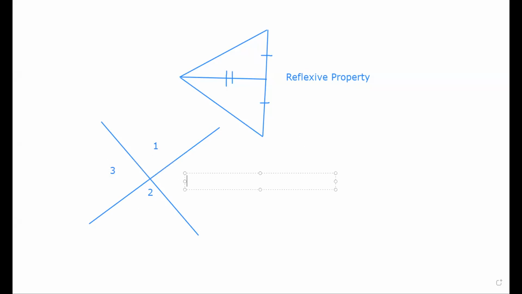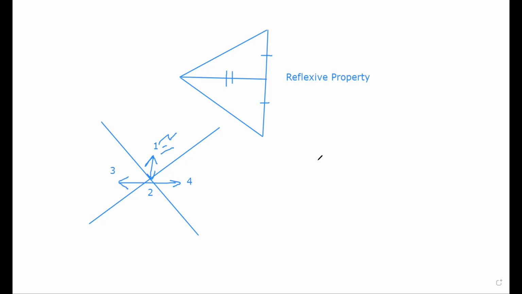The other two are congruent also, 3 and 4. Anytime, that doesn't even look like a triangle. Who cares? It doesn't matter. We got lines that cross. We have vertical angles. Vertical angles are congruent. These two are congruent, and these two are congruent.